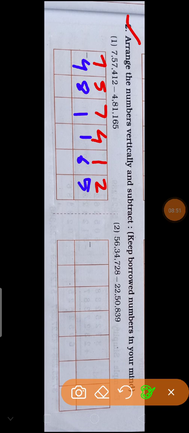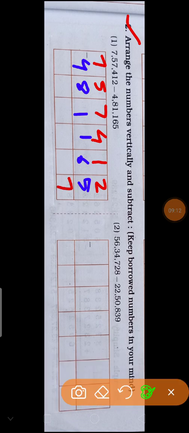See here, they told us to keep the borrowed number in mind. So 2 minus 5, it's not possible. Then we take one borrow from the next number. Okay, so 12 is there. Then 12 minus 5, 7.